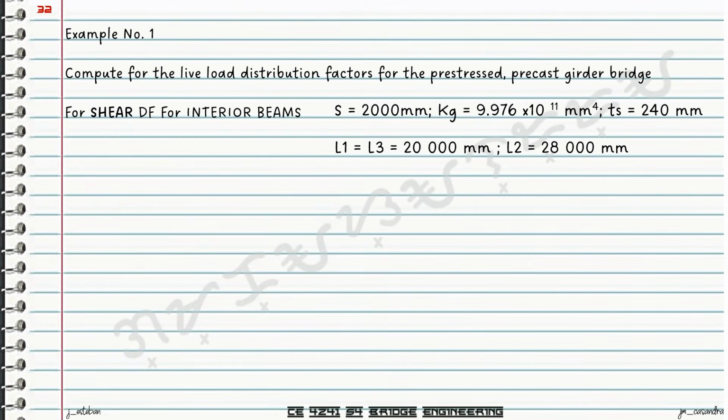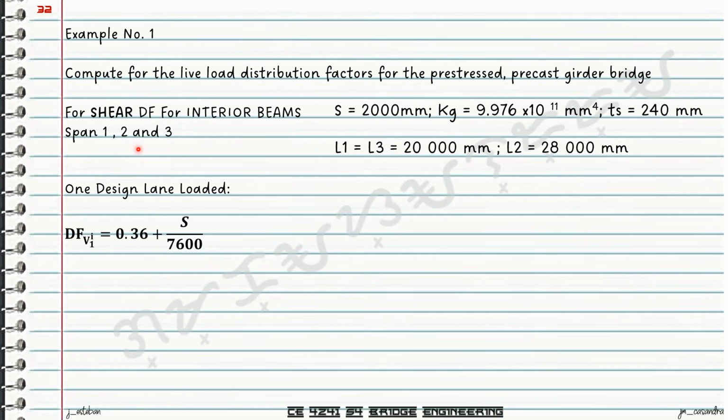So for our shear distribution for interior beams, we will solve for all of our span 1, 2, and 3. For one design lane load, that's equal now to 0.36 plus S divided by 7,600. So unlike for the moment distribution factors, wherein it is affected by the length between the supports, so that's why we compute separately.